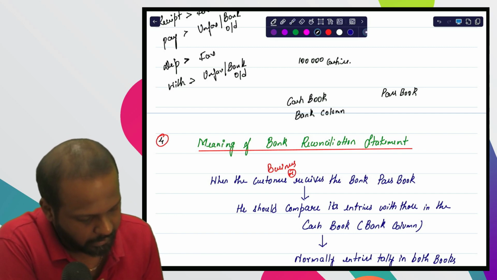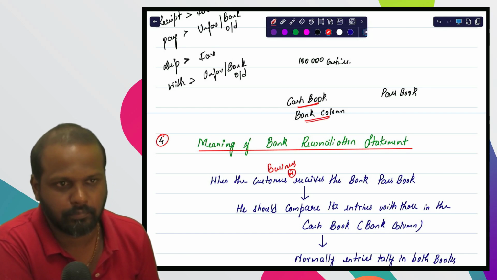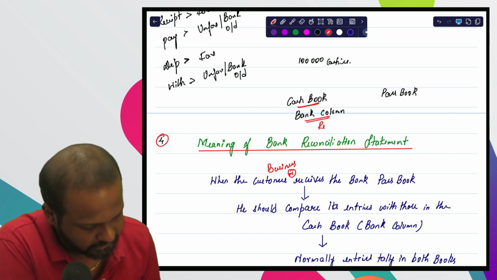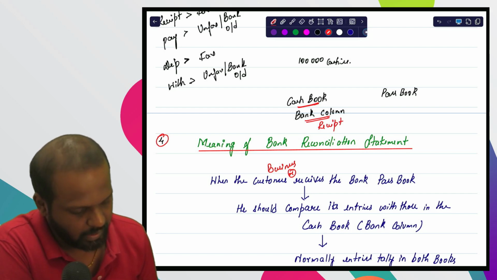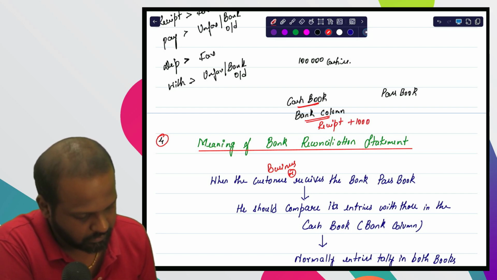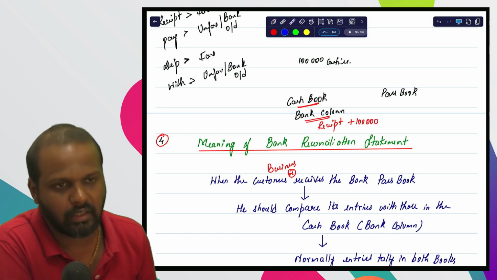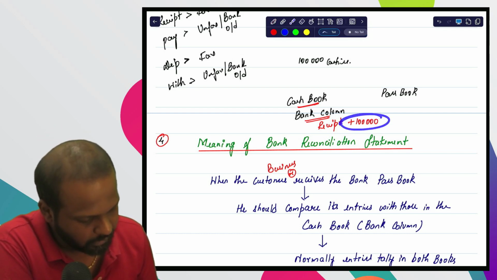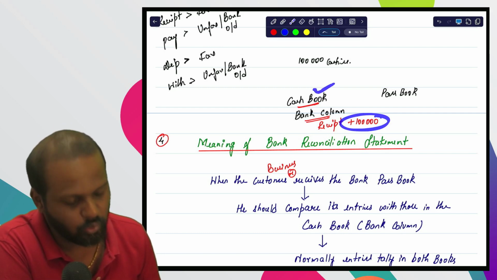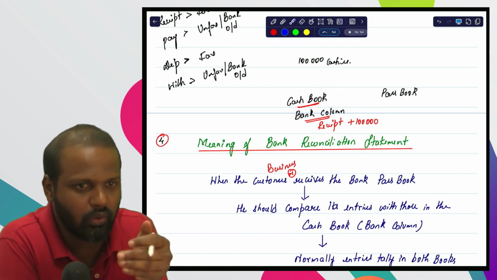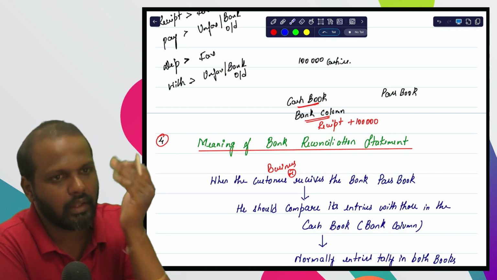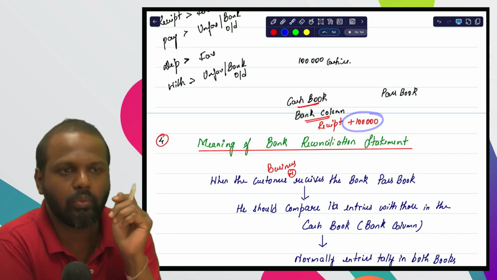So what will the cashier do? He will go to the cash book, bank column, receipt side, and write plus 1 lakh rupees. It means in the bank balance he is going to do plus 1 lakh rupees in the cash book. Why plus 1 lakh? Because when he deposits the money, the bank balance increases. When the bank balance increases, we do plus.